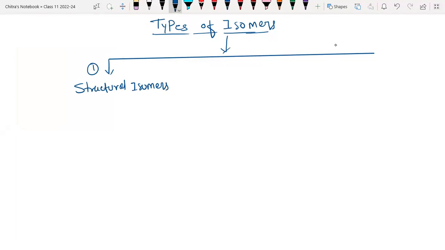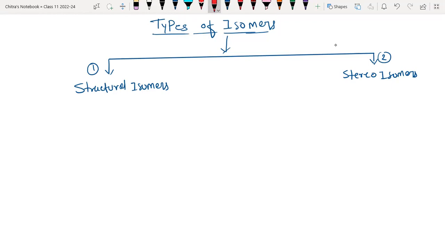And number two, we have stereoisomers. Second type. So what is the basic difference between structural and stereoisomers that we have to understand?